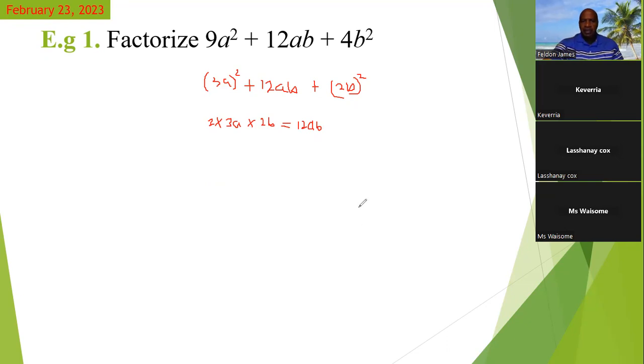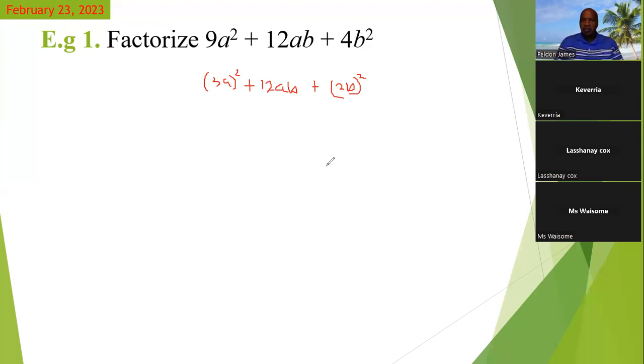Once we identify this as a perfect square, the next step is just to apply the technique of factorizing. All right, so if we are to apply that technique of factorizing, what would be the way to factorize this?